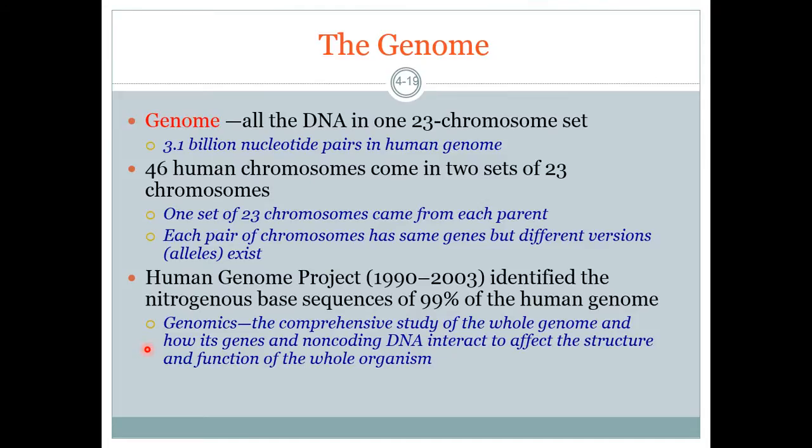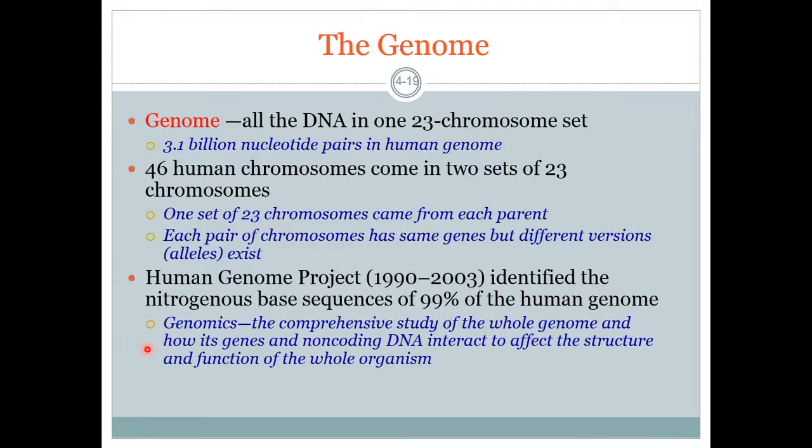Now, the human genome consists of about 3.1 billion nucleotide pairs. The Human Genome Project revealed the base sequence of more than 99% of the genome. Genomics is a new field of biology that studies a genome and how its genes and non-coding DNA interact.